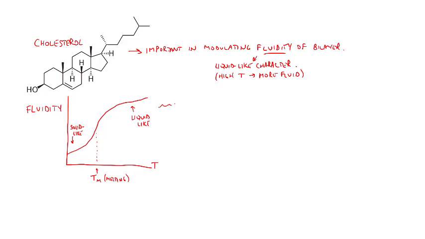Now we said that this graph is for a bilayer composed of just pure phospholipid, so you have a phospholipid dispersed in water, with no cholesterol or other lipids at all. So we were left with this question.